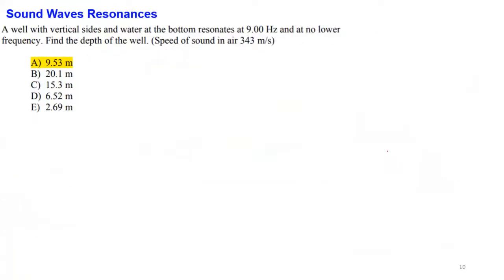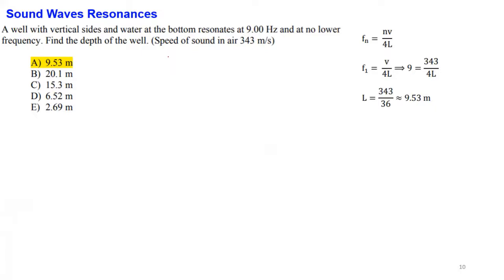Great. Okay. Now let's stop from Doppler effect and go to sound wave resonances. So let's solve this problem here. What do we have? Let's read it carefully. So we have a well with vertical sides and water at the bottom.